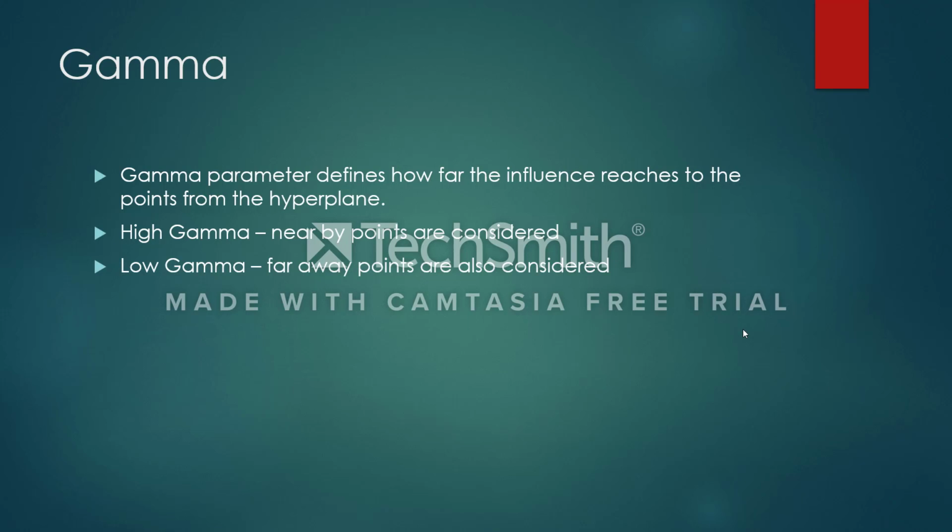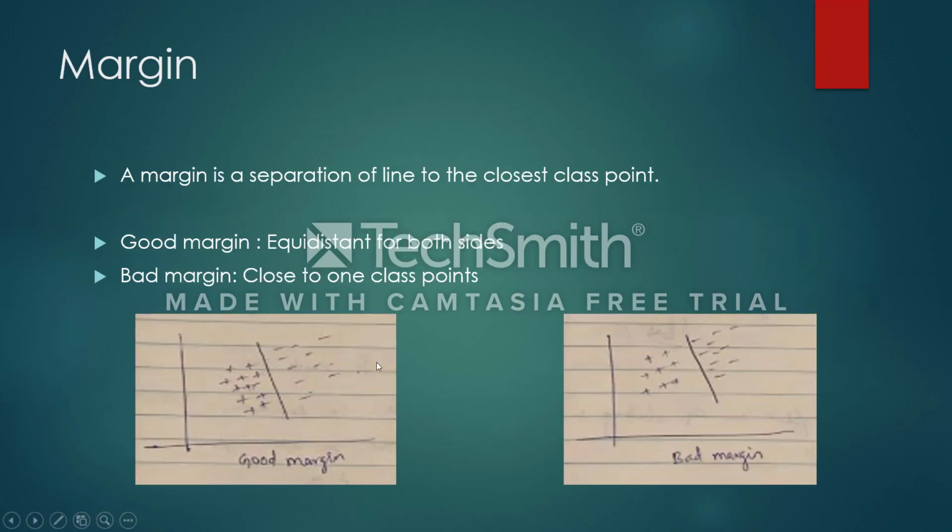So if I keep gamma high, only the points near the hyperplane, or I would say the margin, are considered. If the gamma value is low, the distant, far away points are also considered. So it mostly depends on the data points when the gamma values are to be changed.